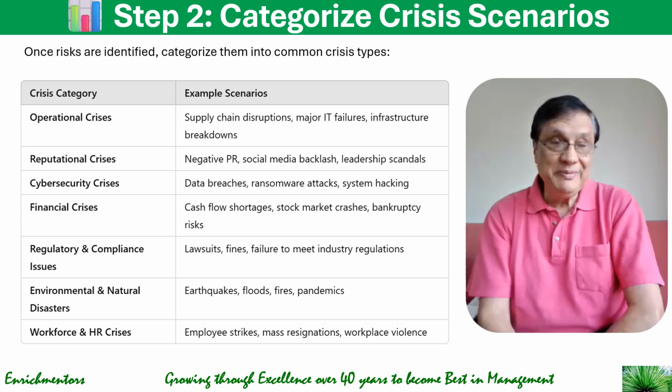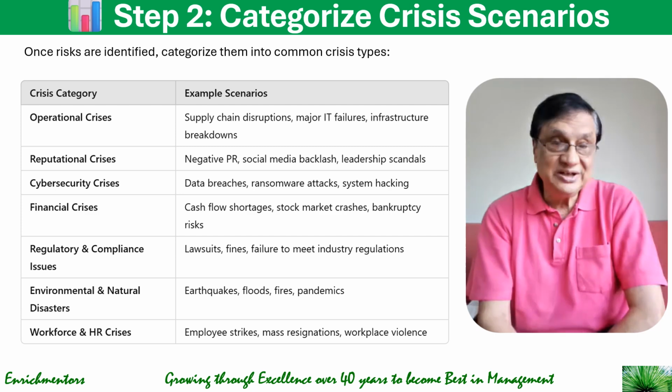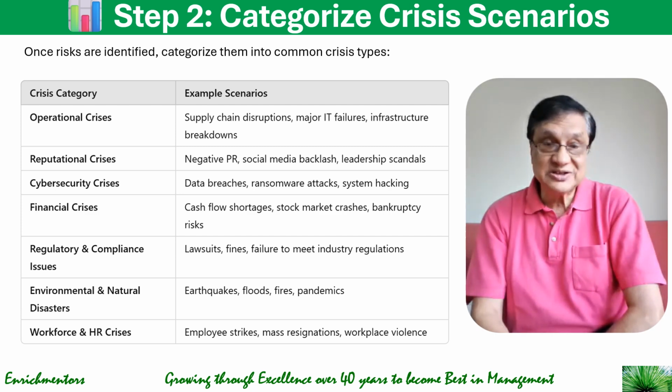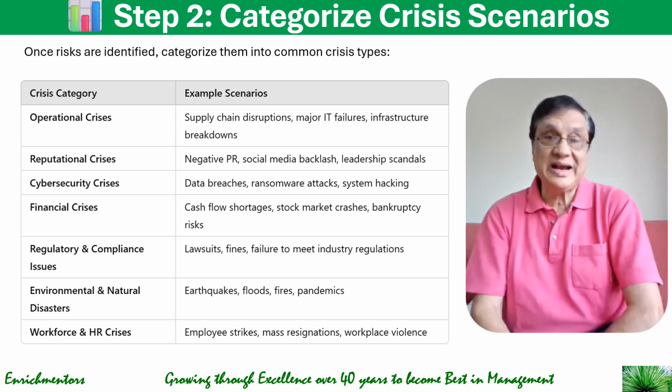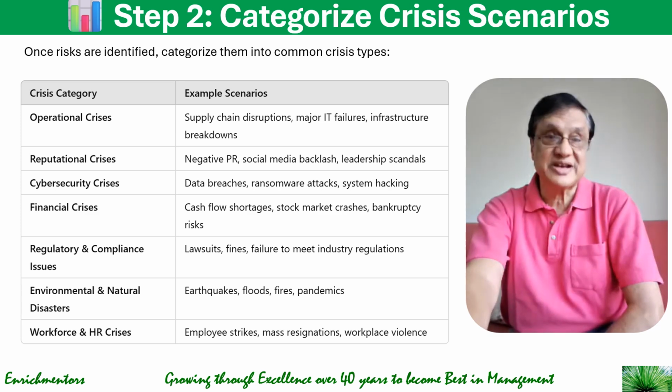And there could be environmental and natural disasters like pandemics, COVID we saw, fires, floods, earthquakes. And there could be workforce or HR crises like employee strikes, mass resignations, workplace violence, etc. So you need to categorize those crises that you found from your analysis in the previous step.